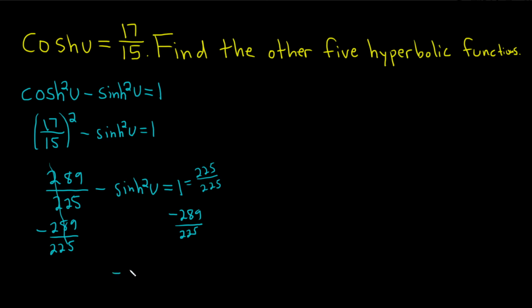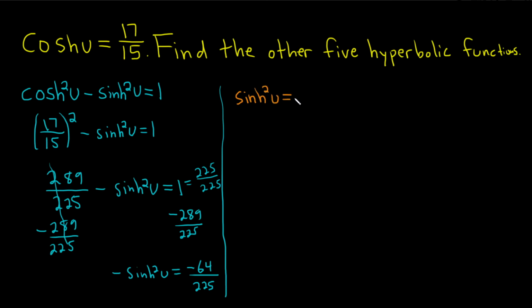So negative sinh squared of u equals negative 64 over 225. So let's clear the negative by multiplying both sides by negative 1. That will give us the hyperbolic sine squared of u is equal to 64 over 225.